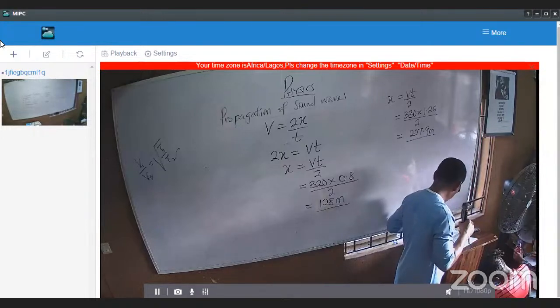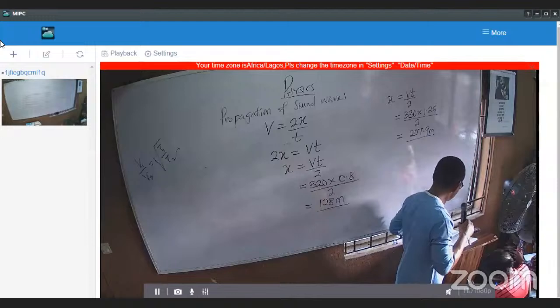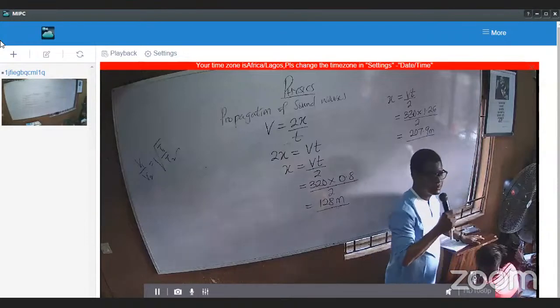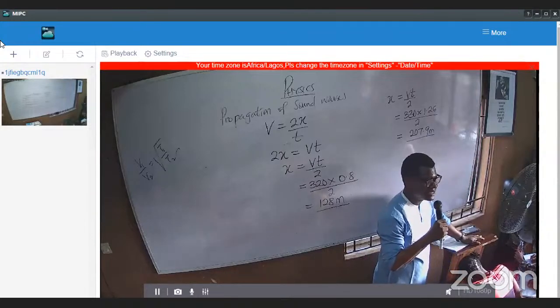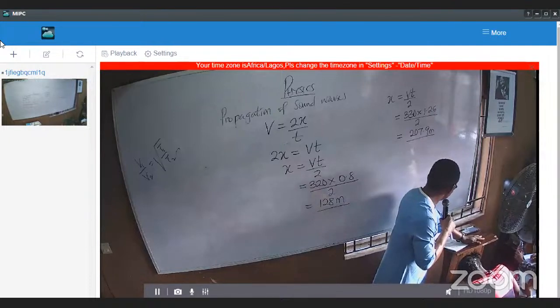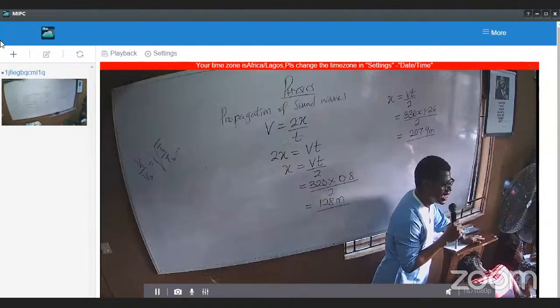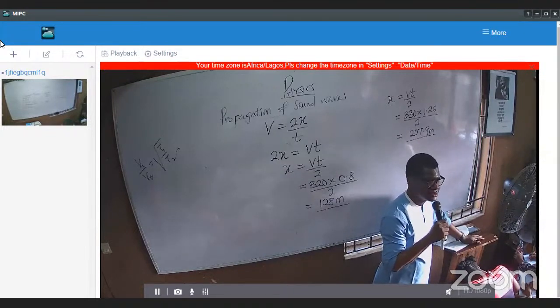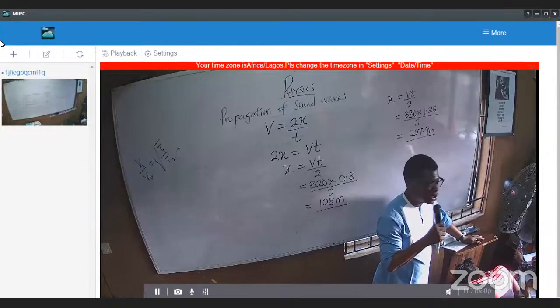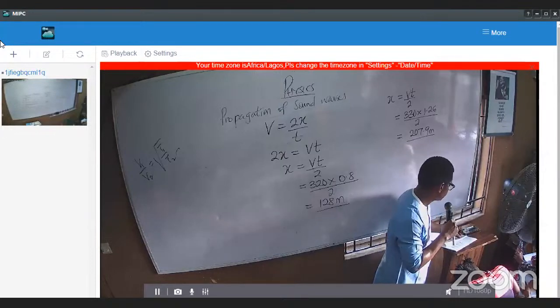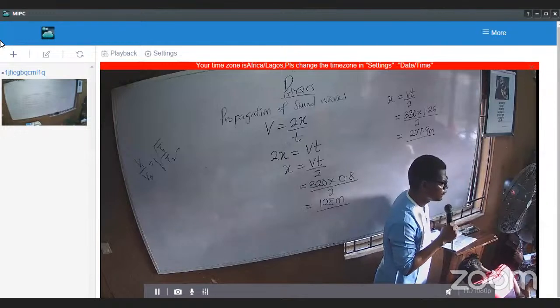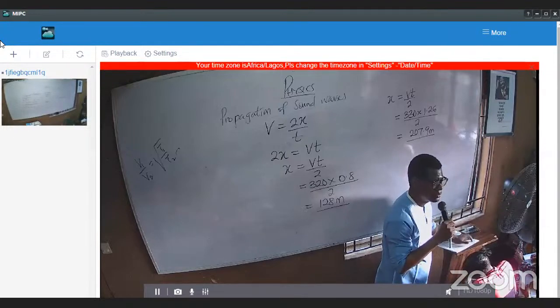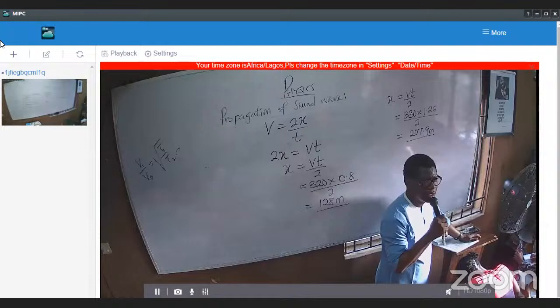Sound is heard at far distances in the night as a result of option A, reflection.